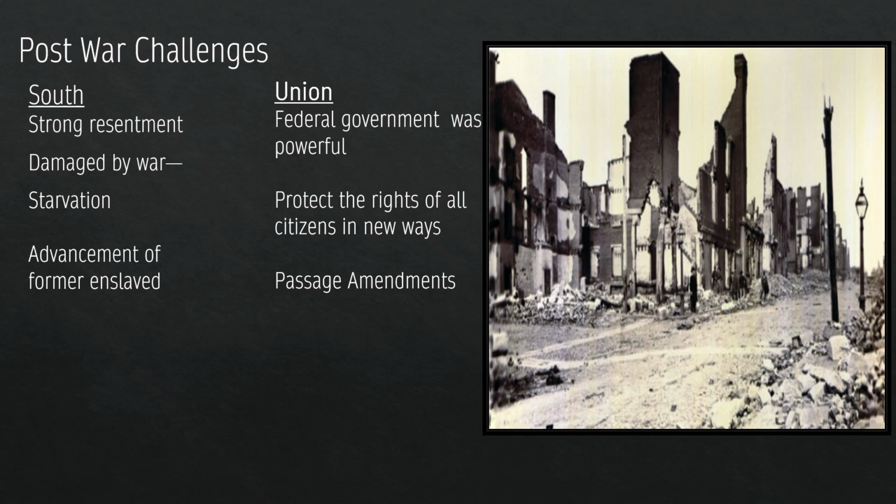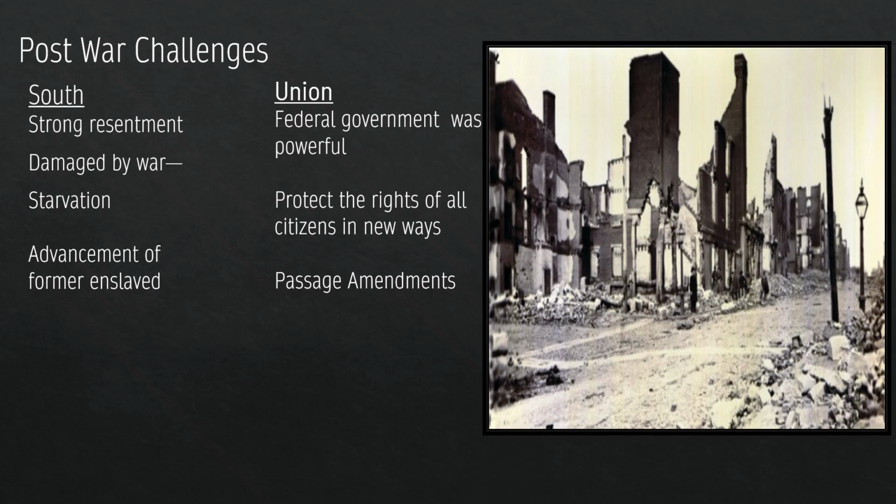1865 ends slavery. The 14th Amendment, 1868, grants citizenship and equal protection under the law to all people born or naturalized in the United States. This is going to include formerly enslaved people. And the 15th Amendment in 1870 is going to give voting rights regardless of race, color, or previous condition.